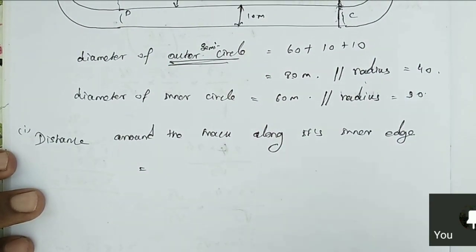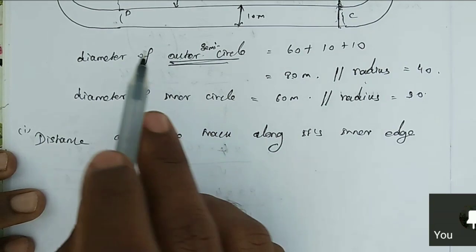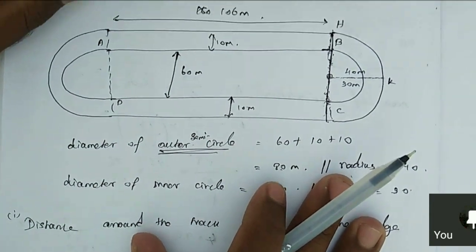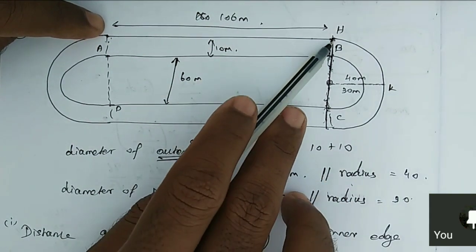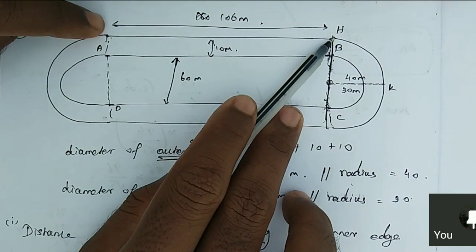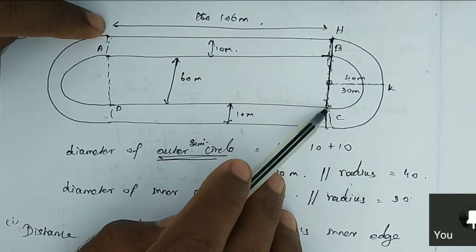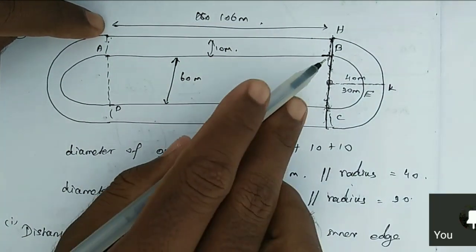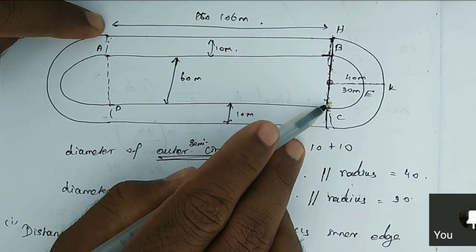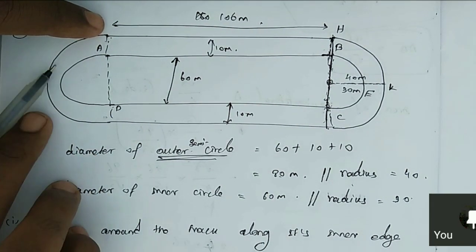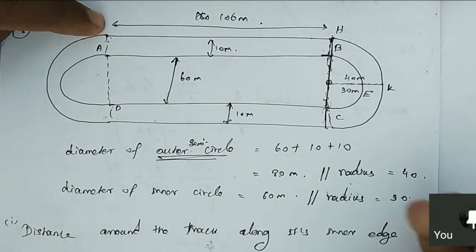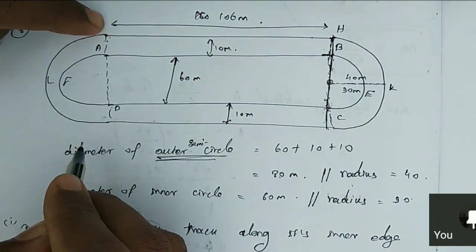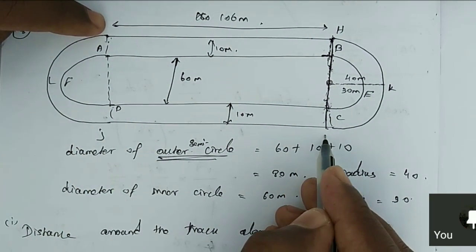So it is equal to AB plus the arc of the semicircle, the arc, right? You can name it E. So the length of this arc, then again a distance, again the length of the arc. So we keep the names B, C, E, K. The same thing here, L, F, D, we keep J, here I.